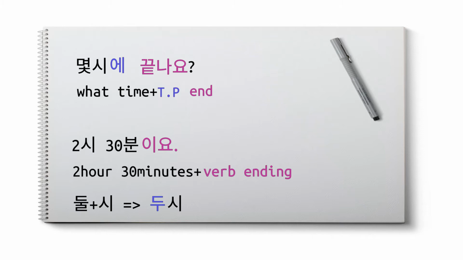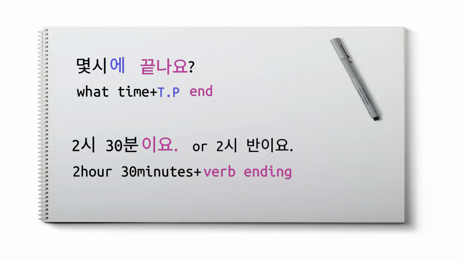So you say 2시 instead of 둘시. 30 is 30 in the Chinese number system. 분 is minutes. 2시 30분 is a combination of the Korean number system and the Chinese number system. 이요 is a polite verb ending. 이요 is used after a syllable that ends with a consonant. So this translates simply to: 2:30. In Korean, to say 30 minutes, you could also say 2시 반이요 in this case.